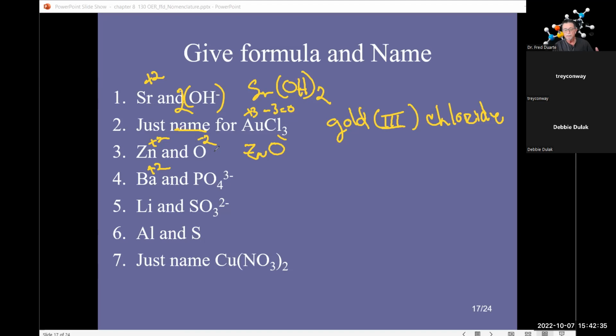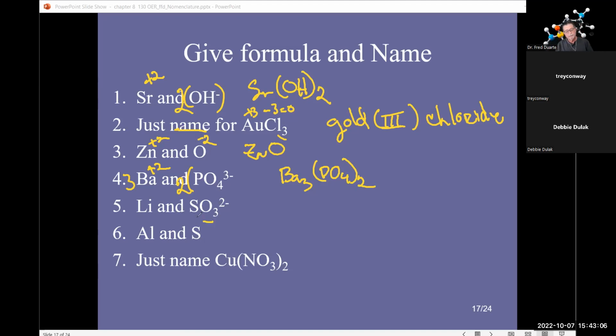So we find a common value, which is 6, like the previous example. That means that we need 3 positive 2s, that's a total of +6, and 2 negative 3s. So our formula becomes Ba3(PO4)2. Okay, barium phosphate.